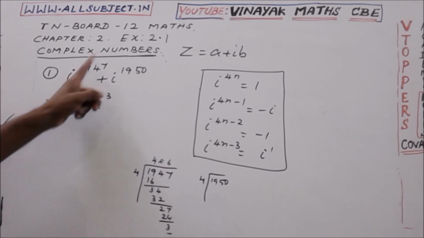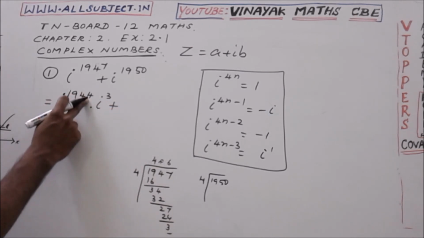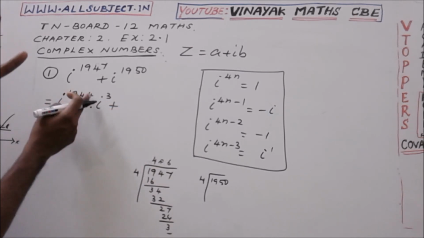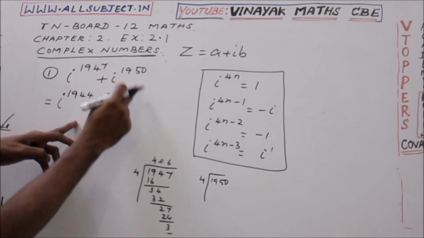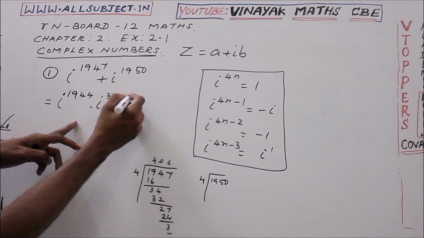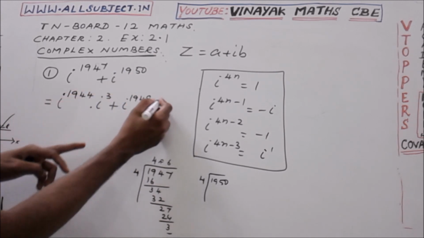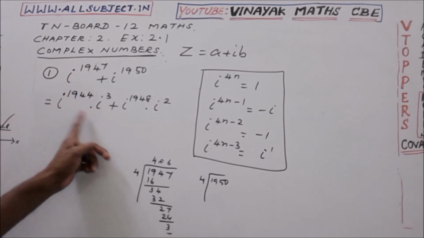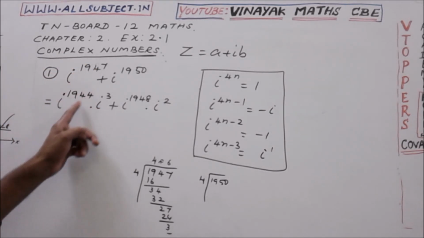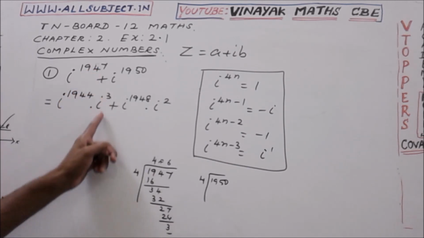Totally we have 1947. Here 1944 is a multiple of 4, and the remainder 3 is taken as i power 3.